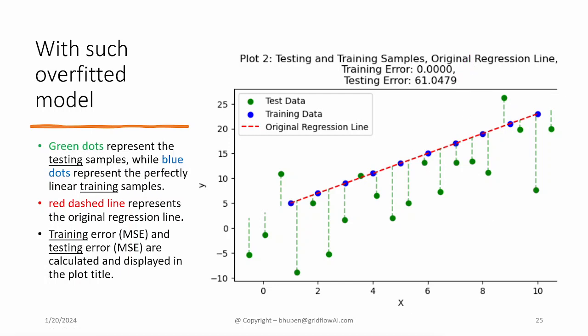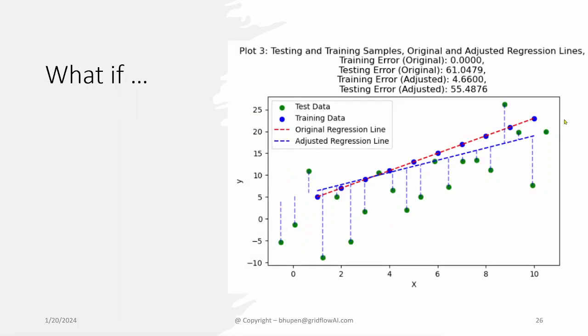And we would like to rectify this situation. So if we can change the model from the red line to alternate blue line by using regularization. This blue line is being shown as adjusted regression line, essentially is a regularized model.